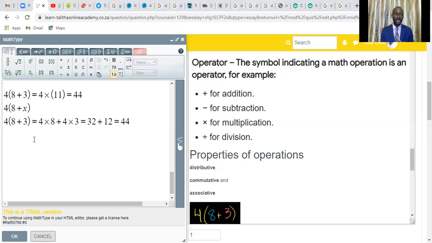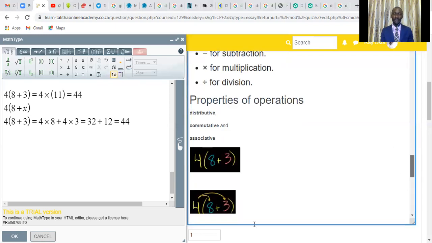So the distribution means that the quantity outside the bracket is distributed on all the terms inside the bracket before everything can be simplified. Well, this is what we had. Now using an arrow, we could have this. You see, this 4 has got to be distributed onto 8 and onto 3.